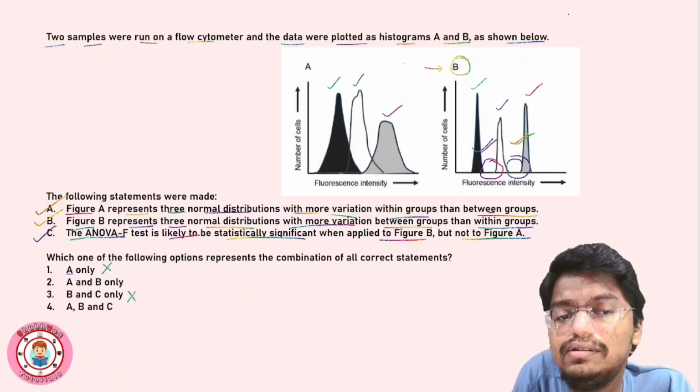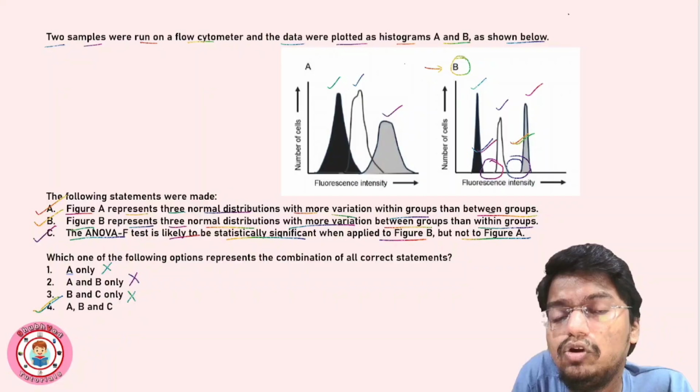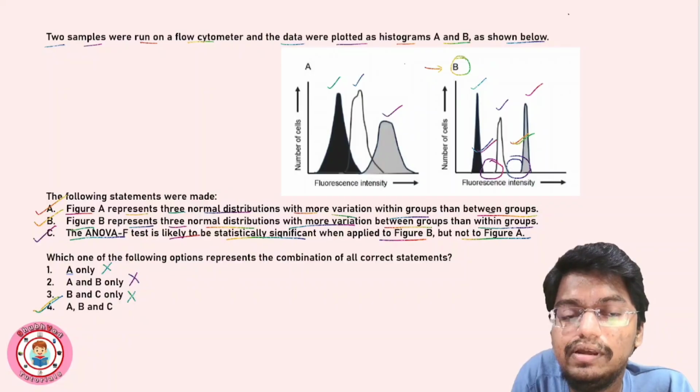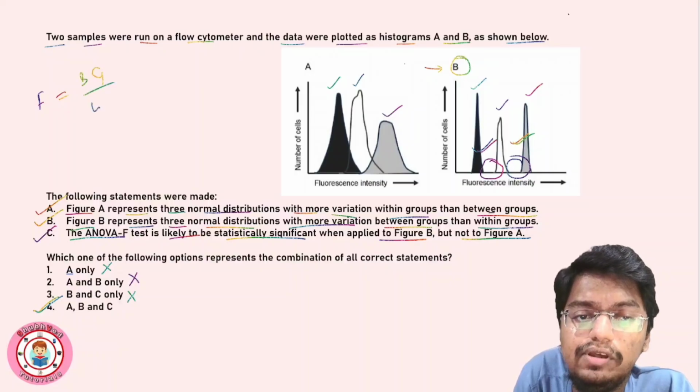So this is correct. A, B, C, option 4 will be correct and not option 2. I will tell you the formula here also. F is equal to, ANOVA F is between groups upon within groups.